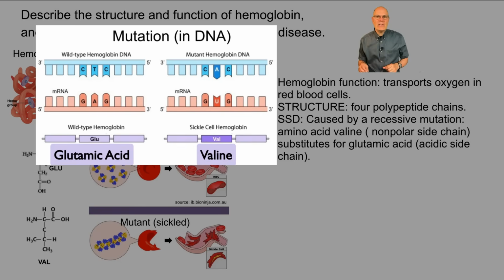Sickle cell disease is caused by a recessive mutation. We'll cover that in Unit 5. But the key idea is that there's a mutation that causes the amino acid valine over here to substitute for glutamic acid. That's an important mutation because glutamic acid is acidic, whereas valine is non-polar.